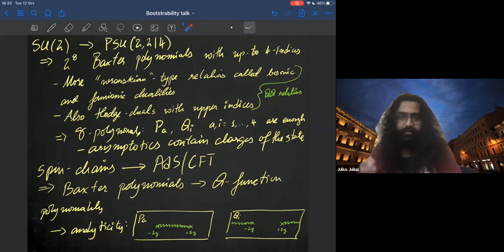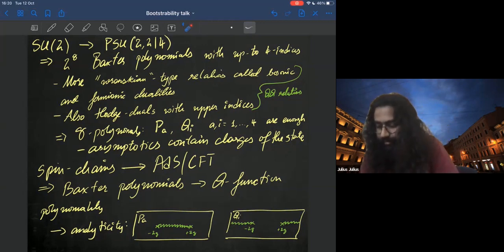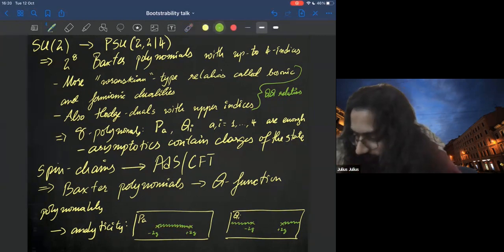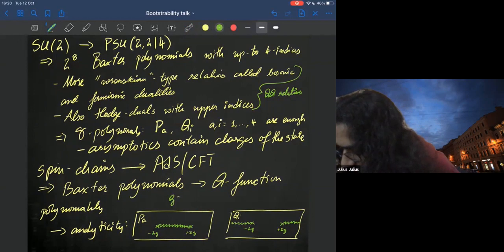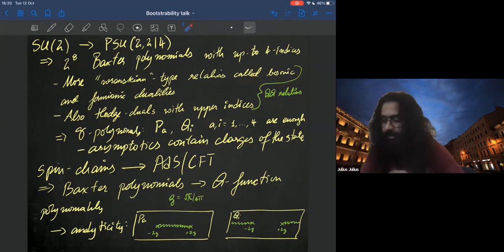And for at least planar N=4, so for AdS5/CFT4, the analyticity assumption is quite simple: the 4 Q functions P_a, P1, P2, P3, P4 have just a small branch cut between -2g and 2g, where I haven't mentioned this earlier, g is equal to the square root of lambda over 4 pi, where lambda is the 't Hooft coupling.